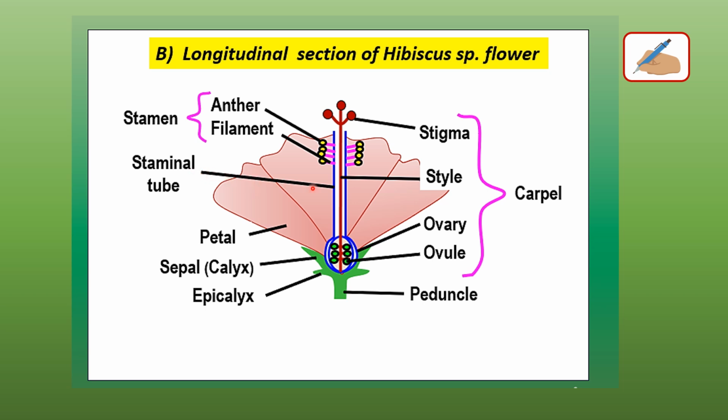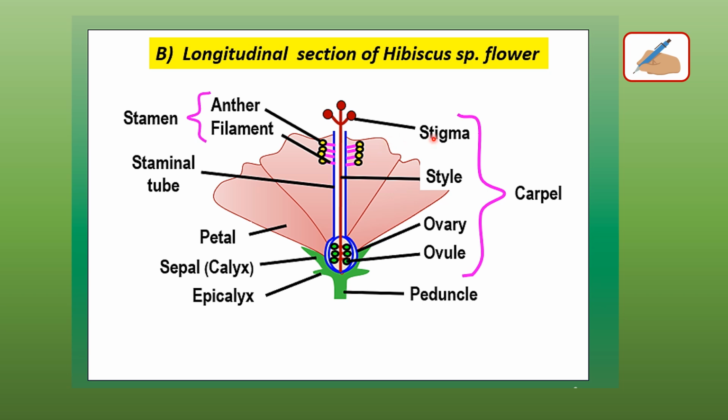Then you have the staminal tube, which is made up of fused filaments, and then here we have the male reproductive structure consisting of the anther and filament. One stamen consists of one anther and one filament, right? But there are many stamens surrounding the staminal tube.